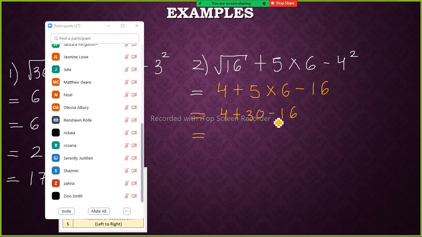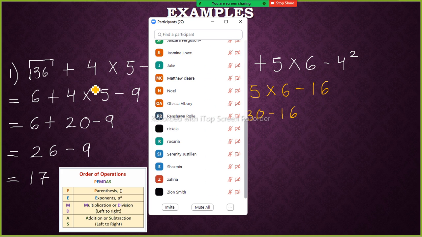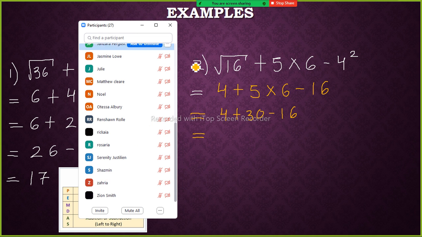Subtract. Let's look at the previous example. What did we do? You add 6 plus 20. Very good. So what do you think we're going to do in this case? Add 4 plus 30. Very good. What is 4 plus 30?